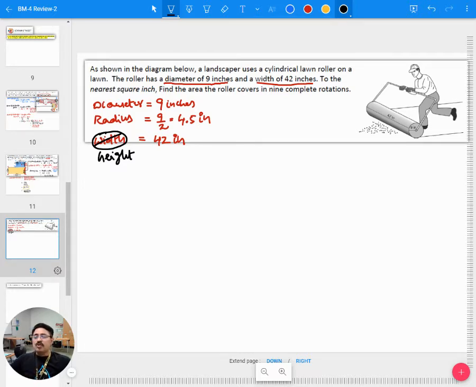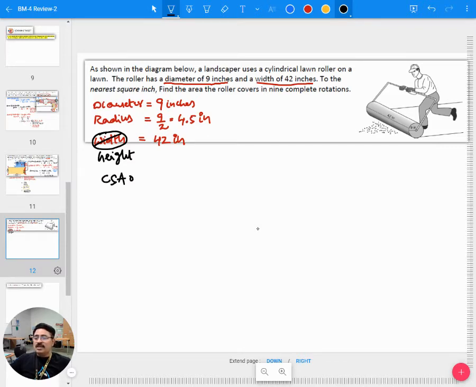Next, to the nearest square inch, find the area the roller covers. When the roller is rolling on the lawn, this part comes in contact with the ground. We call this the curved surface area, in short CSA.